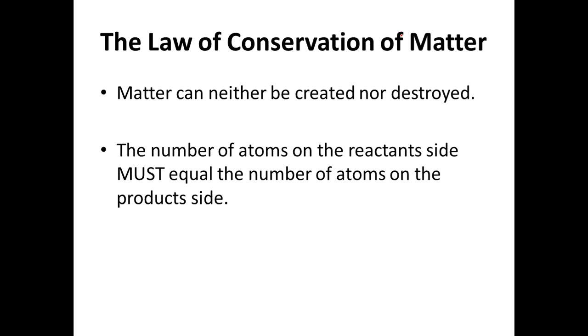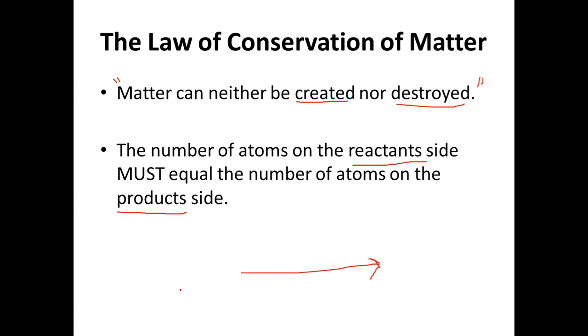There is a law that we need to follow when we are balancing equations. The law is called the law of conservation of matter. It states that matter can neither be created nor destroyed. So whatever I'm starting with is also what I'm going to finish with. In my chemical equation, I'm always going to have the same number of atoms in the reactants as in the products, on both sides of the arrow.